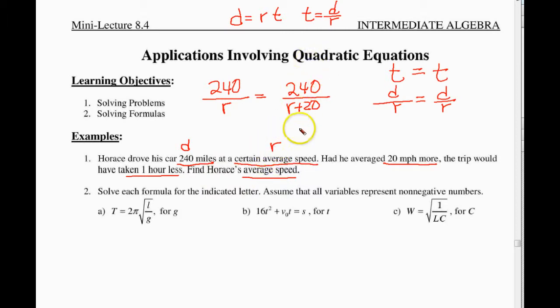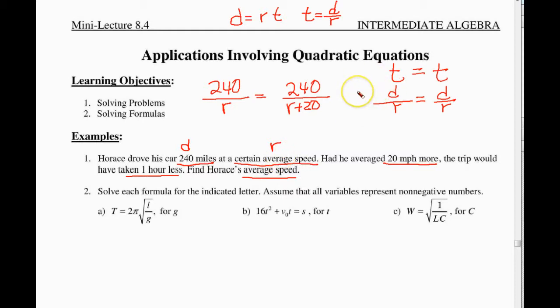Now, we don't know his rate of speed, R, and we also don't know the time. So we're sort of introducing 2 things here. We don't know R, and we don't know T. Now, is there a way to eliminate one of the letters, like T?